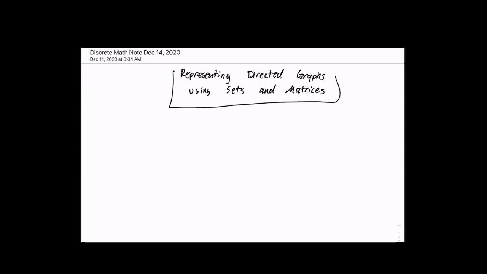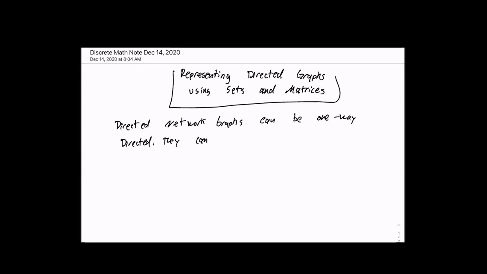So in directed graphs, directed network graphs can be one-way directed.